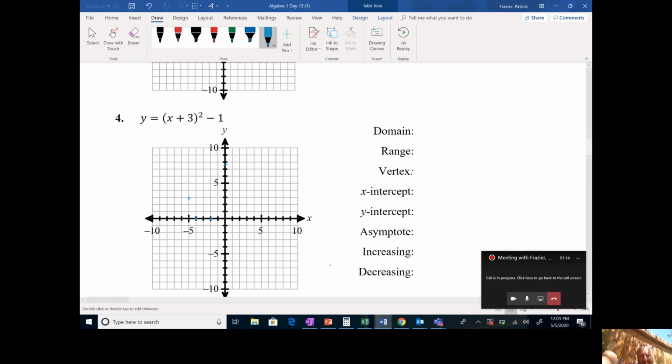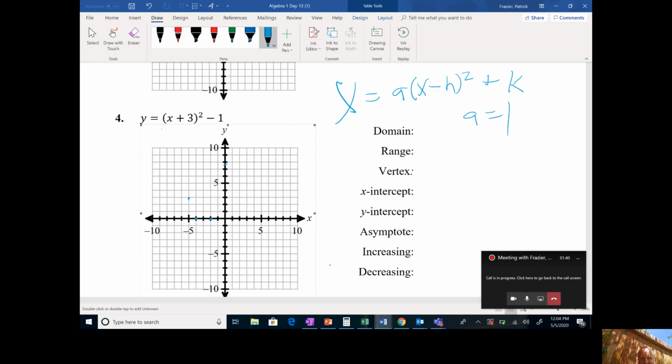So that's, again, the vertex formula where y equals a times x minus h squared plus k. In this case, a equals 1.